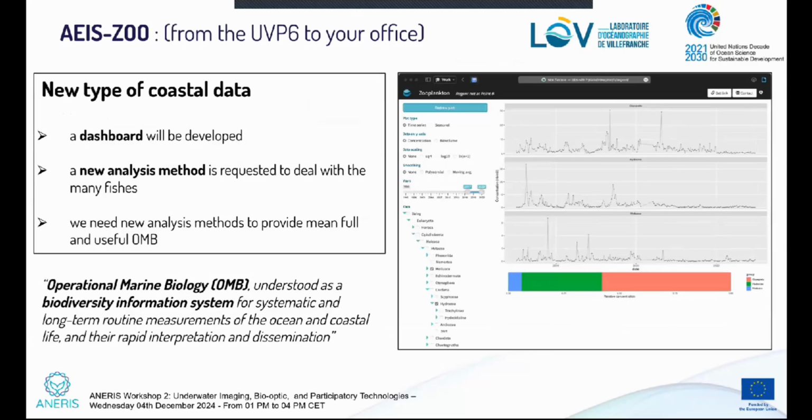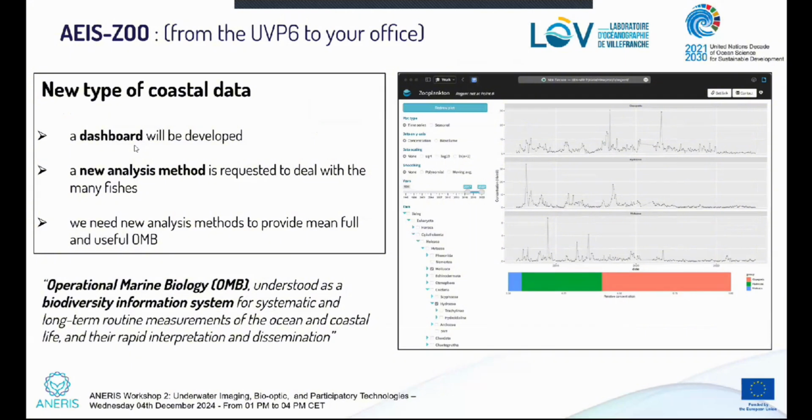This is really preliminary. And basically what is important for us to consider in this ANERIS project is that we are acquiring a new type of data. Basically, the sensors were mainly deployed in open sea waters, where we had much less influence of the fishes and less influence from the shore.